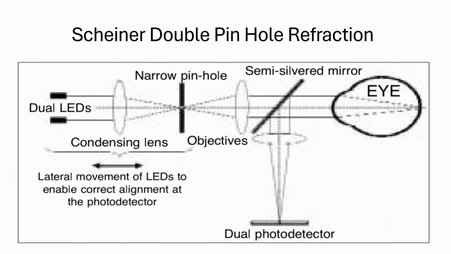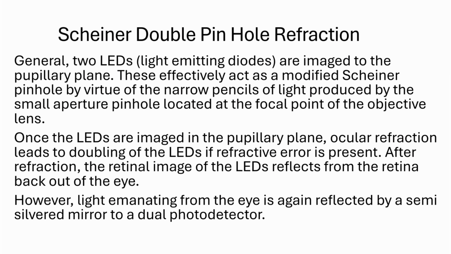You see this picture? In this figure, a detailed analysis of Scheiner's double pinhole refraction can be discussed. Once the LEDs are imaged in the pupillary plane, ocular refraction leads to doubling of the LEDs if refractive error is present. After refraction, the retinal image of the LED reflects from the retina back out of the eye.